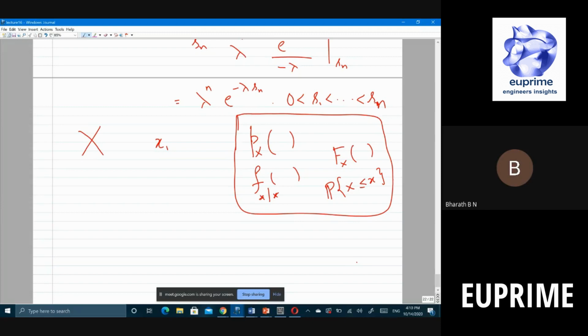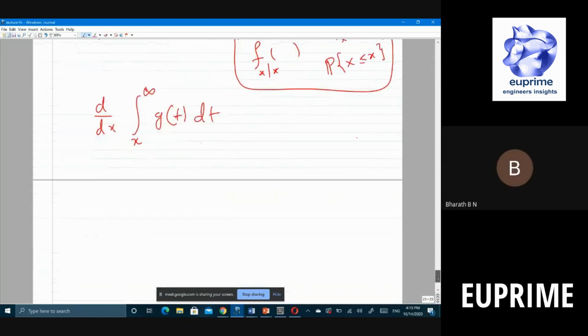You mean differentiation of an integral, say the integral from x to infinity of g of t dt. Can we apply the Leibniz rule for this type?